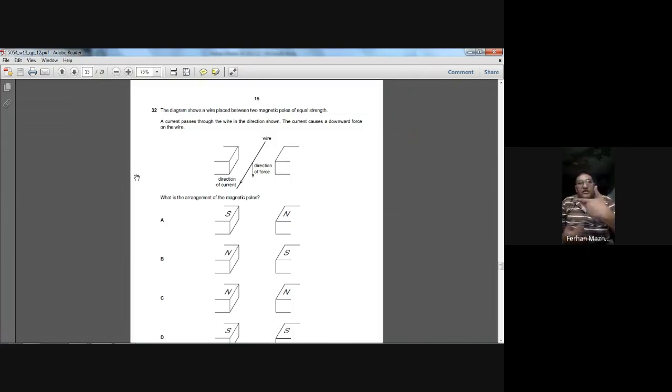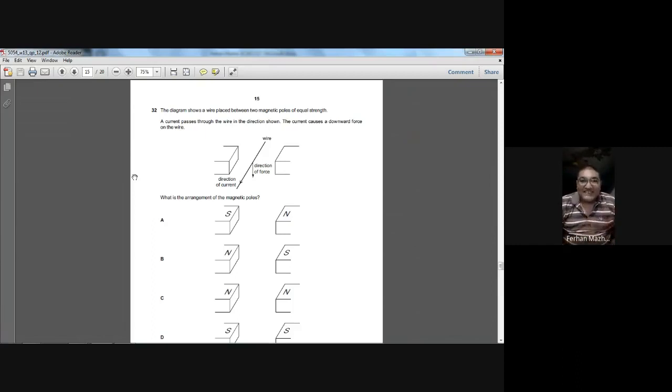The current is coming towards me, but the force is downward. So I have to twist my hand. See, the force is downward. Current is coming in this way. The magnetic field is in that direction. So it means here we have north and here we have south. So for question number 32, A is the option.